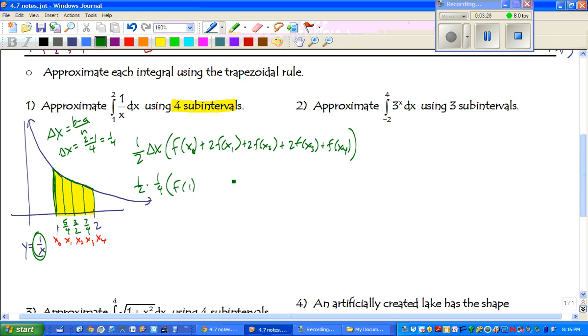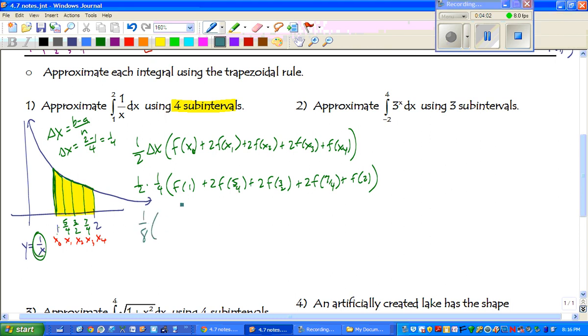So we're doing f of 1, which is just, I'll write this here, plus 2 times f of 5/4 plus 2 times f of 3/2 plus 2 times f of 7/4 plus f of 2. Now you may not need to write all this stuff out from each problem, but I'm just trying to show you, for the first one at least, where everything's coming from.